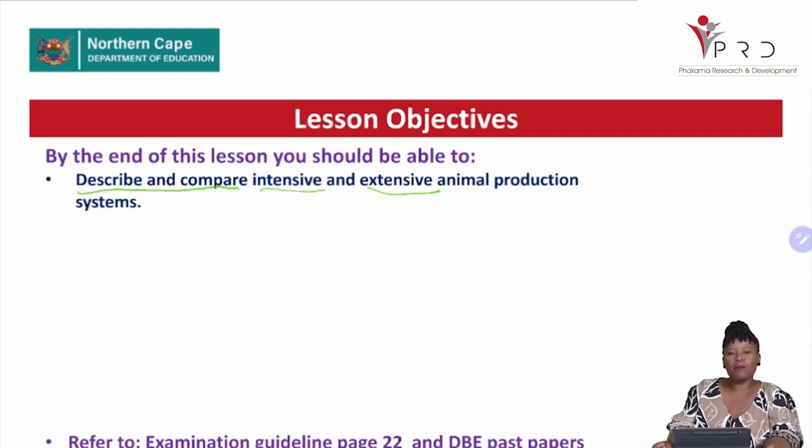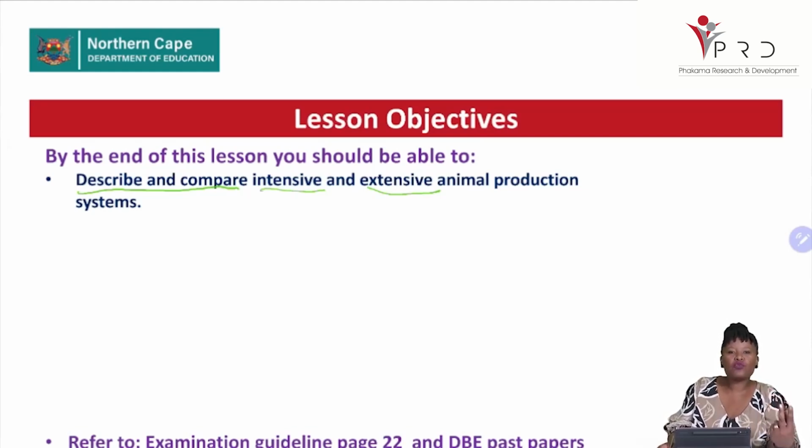When you do a comparison, you are expected to do a table. That's why in your exam question paper, the question will say you must tabulate the differences between extensive and intensive. Avoid writing these production systems as internal or external production system. That will make you lose marks.